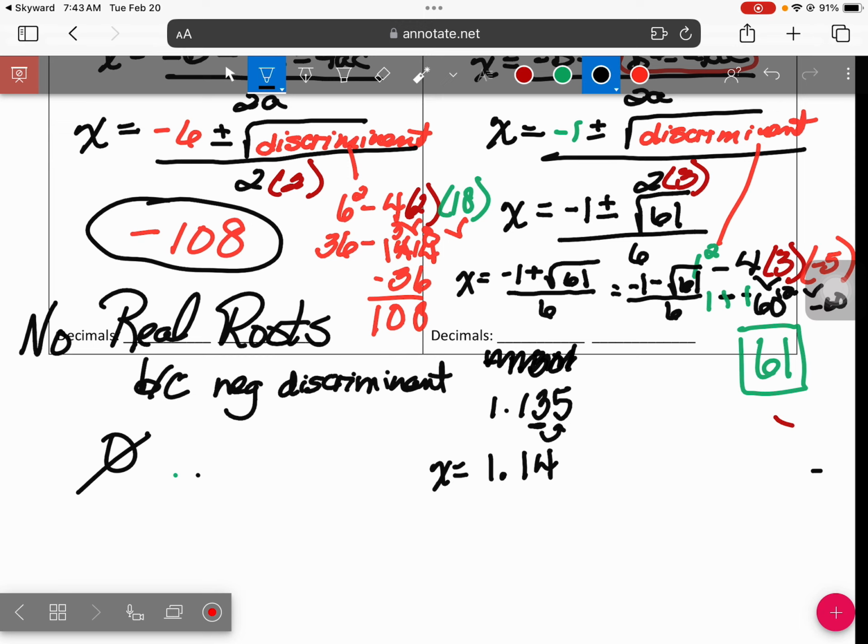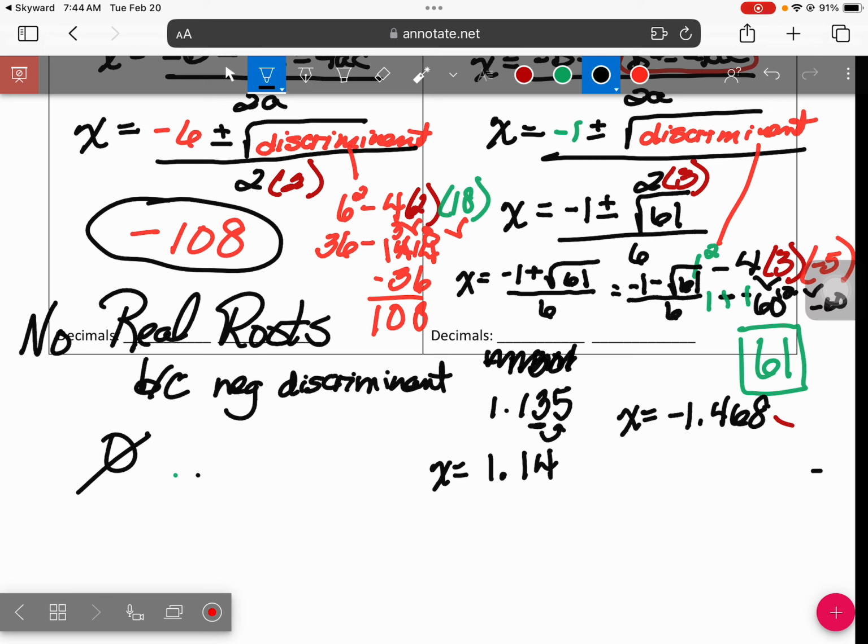We say opposite of 1 minus, second x squared gives you the square root, 61, you hit enter, divided by 6, enter, arrow. What'd you guys get? Negative 1.468. Anyone?